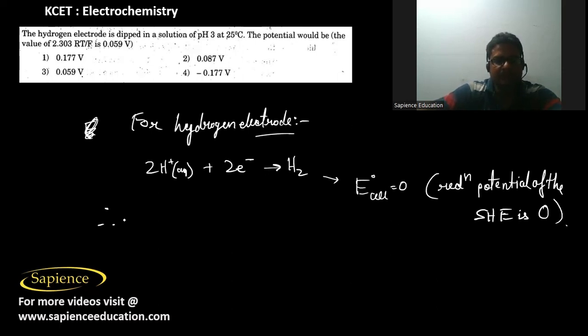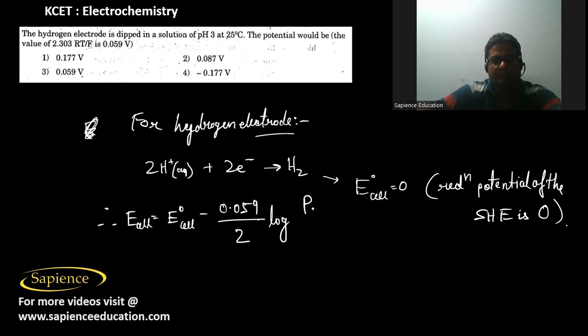So now therefore, as we know that E cell equals E naught cell minus 0.059 by n, here 2 electrons are used, so by 2 into log of the pressure of hydrogen by the concentration of H plus whole square. Now here the pressure of hydrogen is equal to 1 atmosphere, so I should use 1 only.